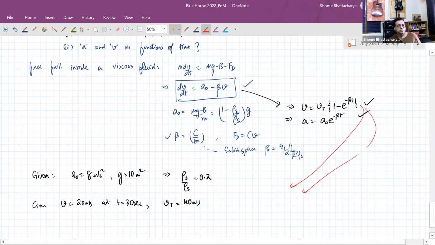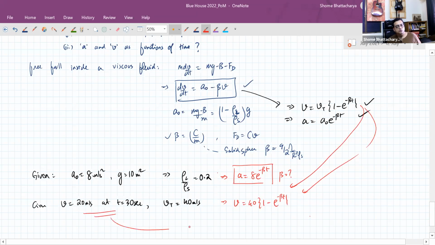So fitting this, acceleration as a function of time will become 8 into e raised power some exponential factor like this, where I need to find out the value of beta, of course. And velocity as a function of time will become 40 into (1 minus e raised power minus beta t). Now this data we will use and find the value of beta. So 20 meters per second is the velocity, but at what time? 30 seconds. So from this we will get the value of beta.